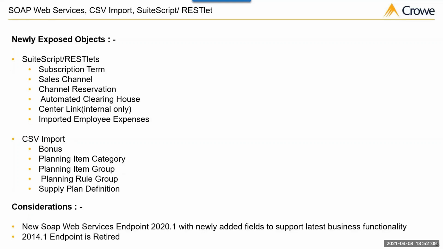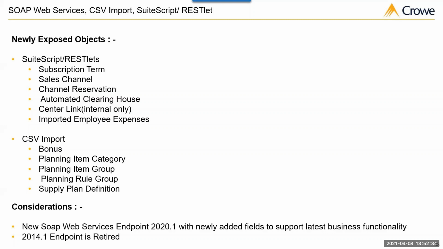For SOAP web services, RESTlet and CSV import, we don't have that much update on these things, but there are a couple of newly exposed objects for RESTlet. For SuiteBilling, it's really challenging for us because we have limited records which are scriptable on the SuiteBilling side.